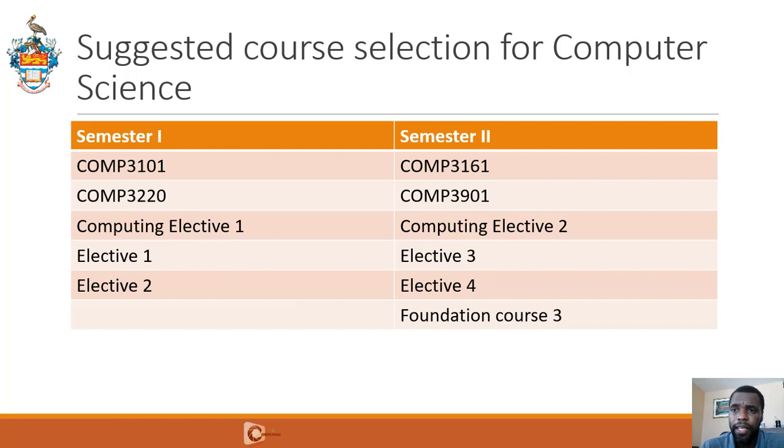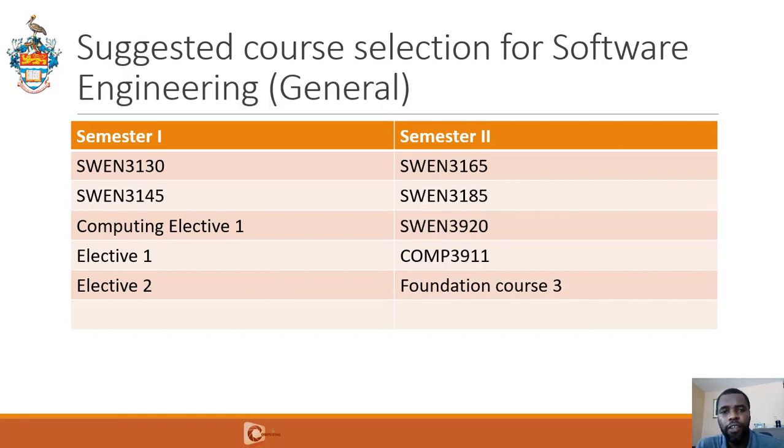If your major is software engineering, that's the software engineering general, the 3-year software engineering program, then in the first semester you take SWEN 3130 and SWEN 3145.